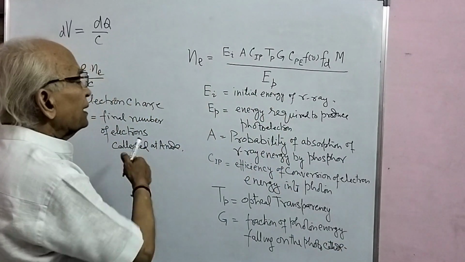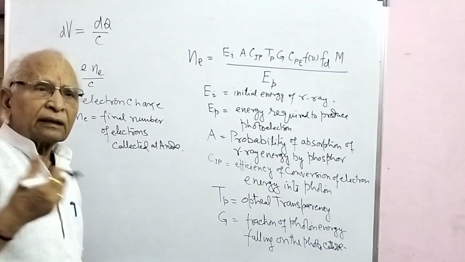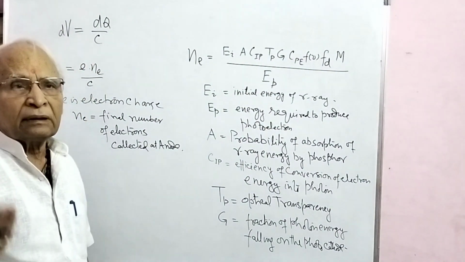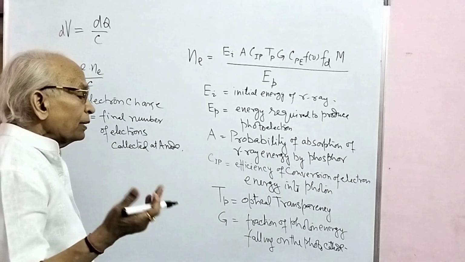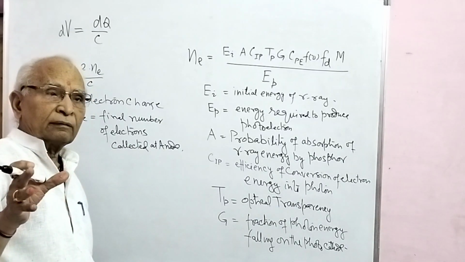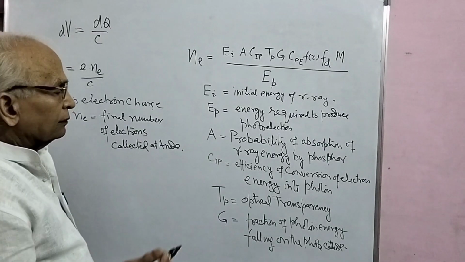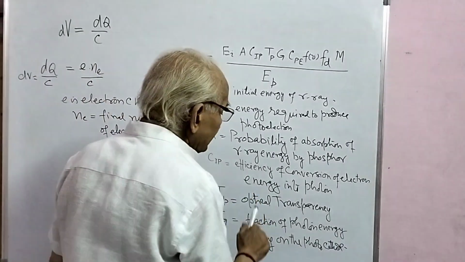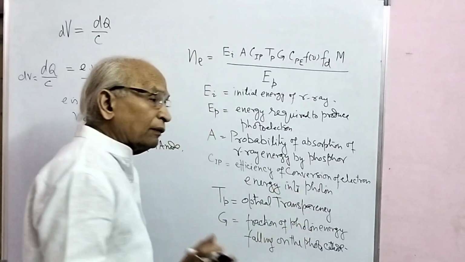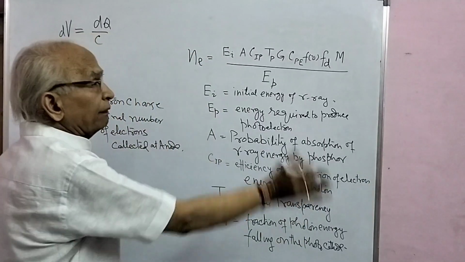How much of the total energy of the scintillation photons, say scintillations of 3 electron volts, whatever the energy of that photon, is falling on the photocathode?